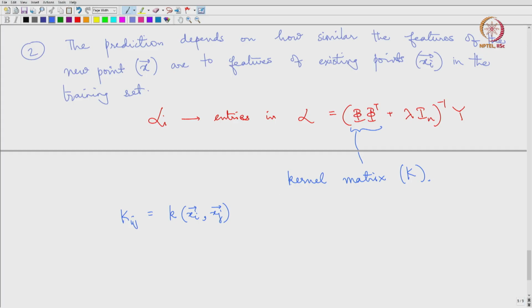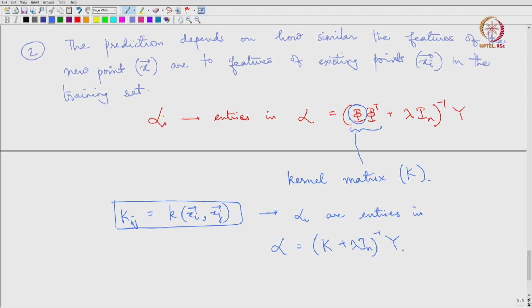So if you are not using this phi to be just depending non-linearly on one function, but instead you want to use these non-separable kernels, then you have to work with the kernel matrix where each entry can be calculated as this, and then your alpha_i, right, are the entries in alpha equals K plus lambda I_n inverse y. Okay. So this is how you will obtain the alpha.